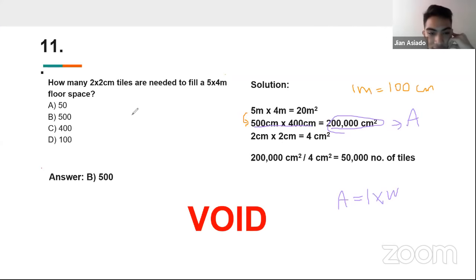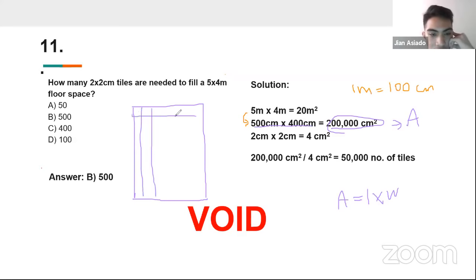Ngayon, yung maliliit mo na tiles, let's say meron kang floor space na to, no? Gusto mong gawin ng maliliit na tiles. Divide mo sa maliliit. Ayan. So, gusto mo, kunin mo na lang muna area nito.